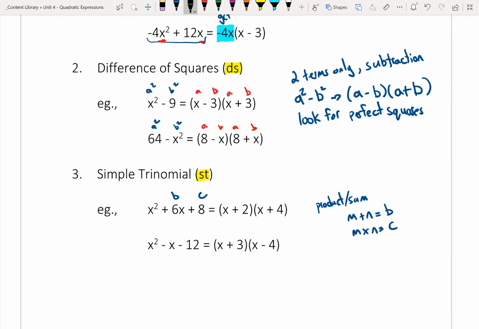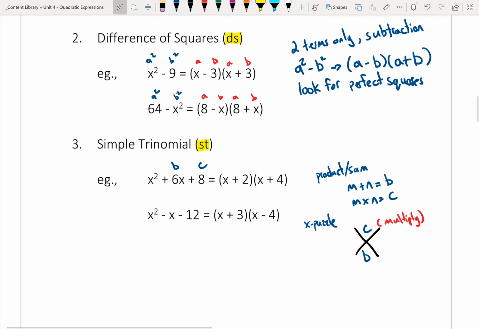Again, we also talked about the X puzzle, where B was bottom, C was top. And again, we just had to figure out two numbers that multiply to C and two numbers that add to B. So again, it's the same thing, just a different way of visualizing it.